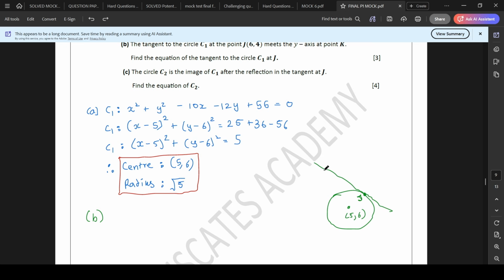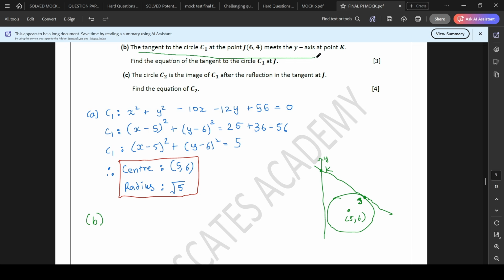And if I draw a y-axis over here, the y-axis could be here, here, anywhere. So let's say if this is my y-axis, this is my point K, this is my point J. All right. So this is the information given to me. The question is to find the equation of the tangent at point J.